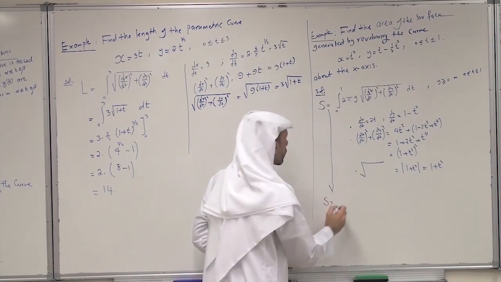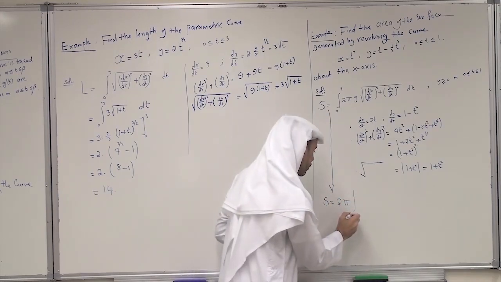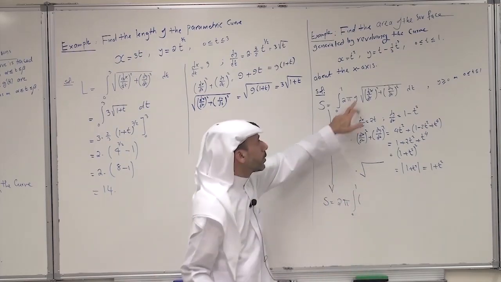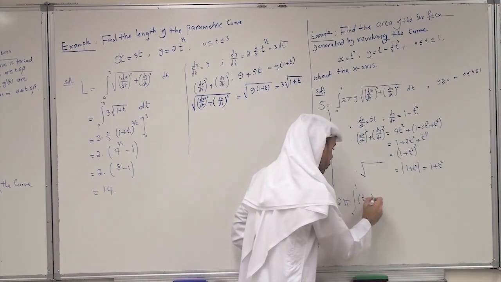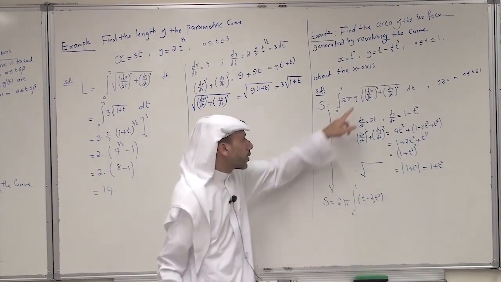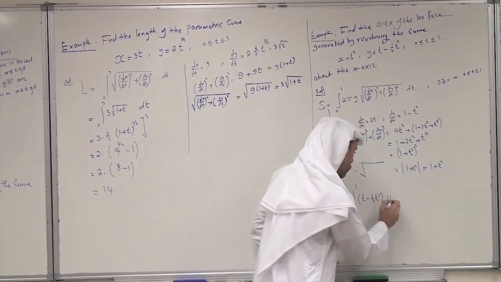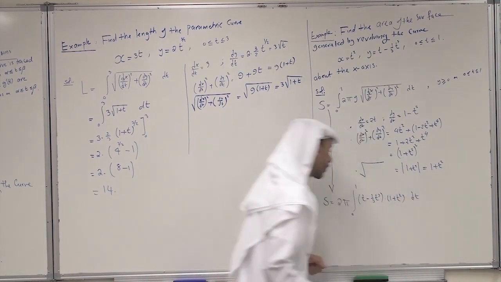S equals, take 2 pi outside as a constant, the integral from 0 to 1 of y. y is given by the equation t minus 1/3 t cubed, times the square root, which was simplified as 1 plus t squared, dt.